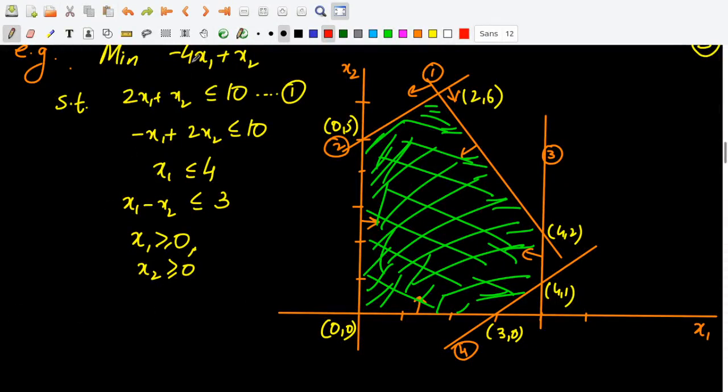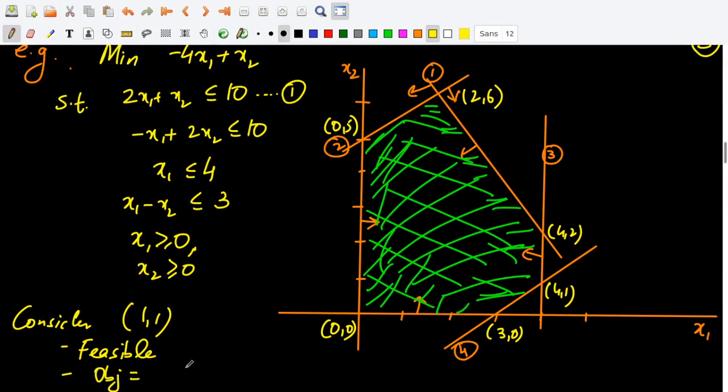So consider it is feasible because it satisfies all constraints, and the objective value is -3, and the point is somewhere here.